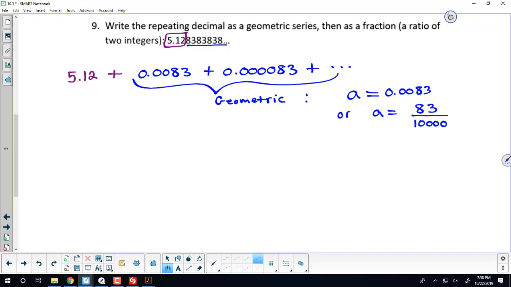And then the common ratio here in the geometric is what? One over 100, do y'all agree? 1 over 100 from one term in the geometric to the next. We're just putting 2 zeros behind the decimal place. So 1 over 100.